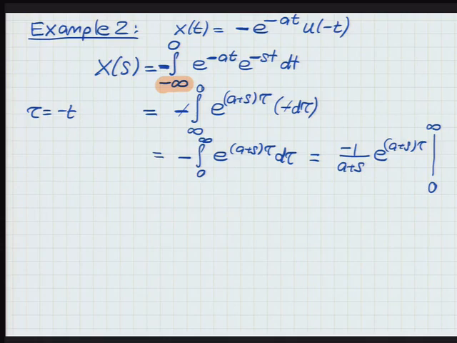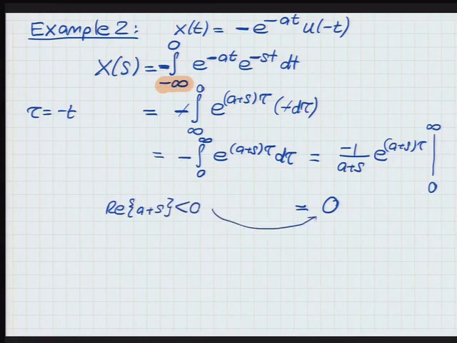It's going to 0 anyway. It can wiggle while it's going to 0. It can whimper, to quote the president, but it will go to 0, right? So for me to be able to eliminate what's happening at infinity and say 0, I need to assume that the real part of a plus s is negative.